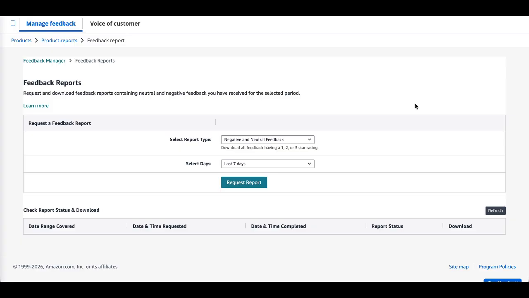Or if you see that the feedback is not related to your performance but related to the product, ask Amazon, or if you see that the feedback is irrelevant, you can always open a claim with Amazon and get that removed. So you have to be vigilant in going through and checking each of the feedbacks.